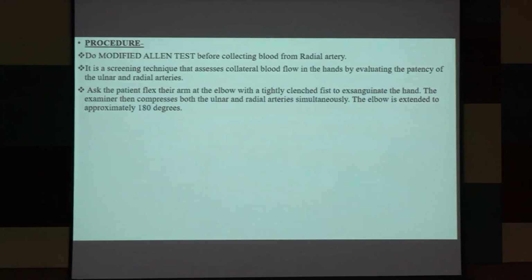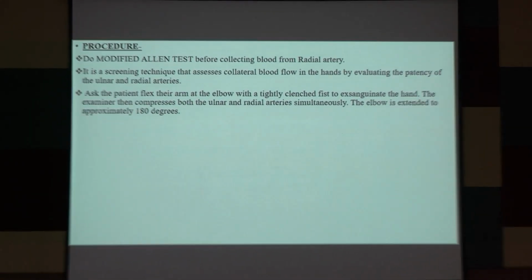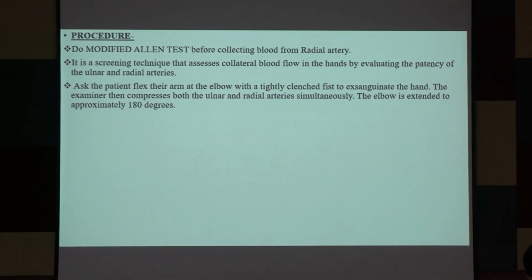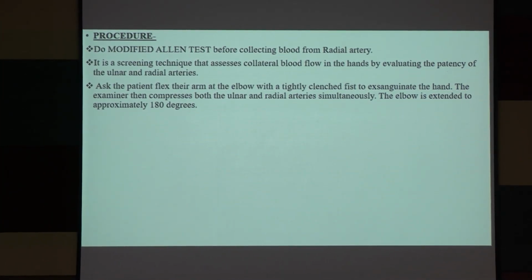What you would do is ask the patient to flex their hand first and tightly clench the fist like that. Okay, flex and tightly clench the fist. That exsanguinates the hand, and then you should compress both ulnar and radial arteries simultaneously, right?